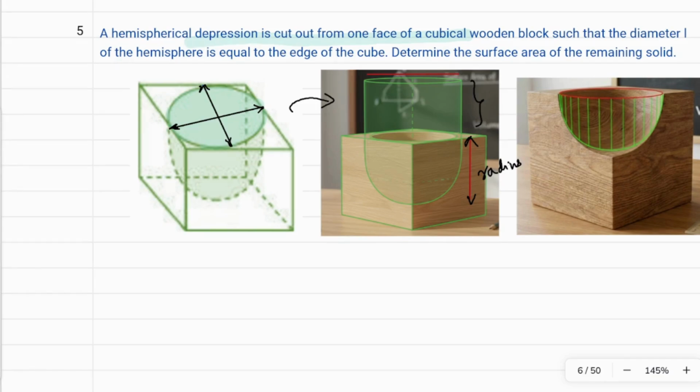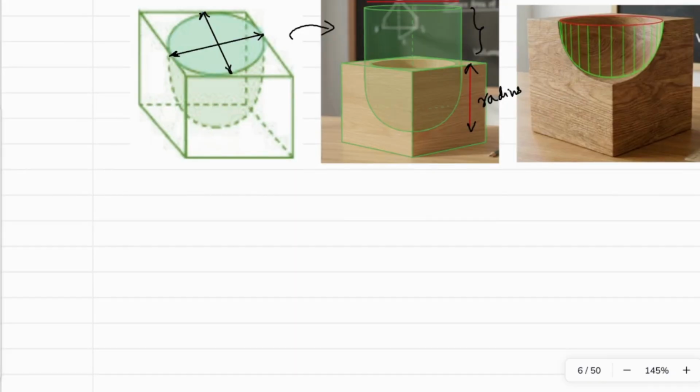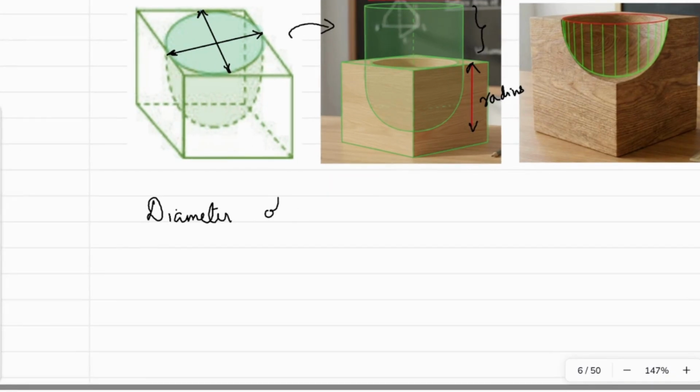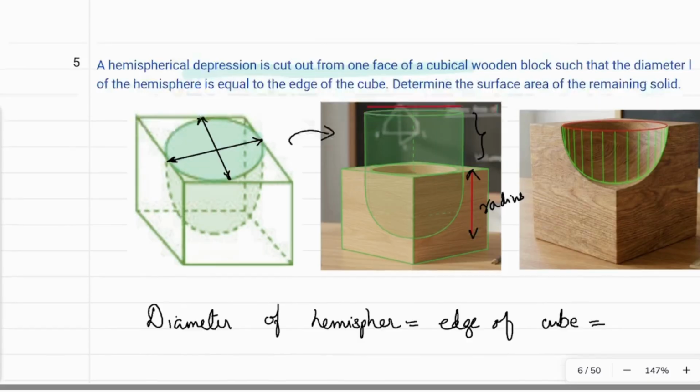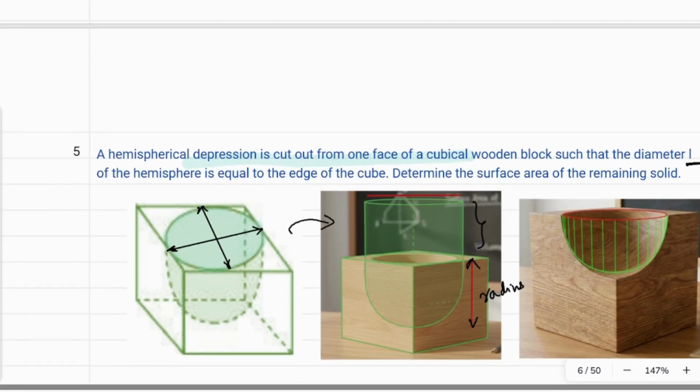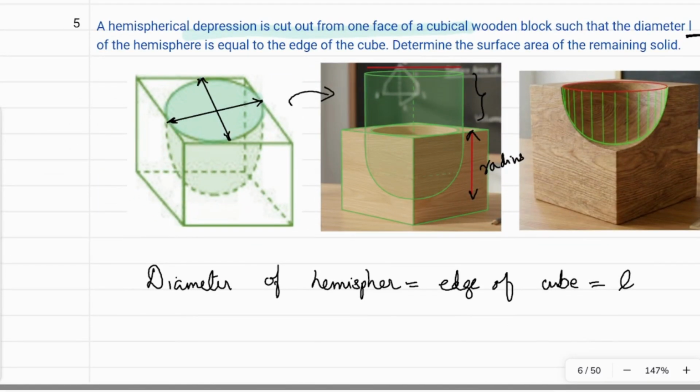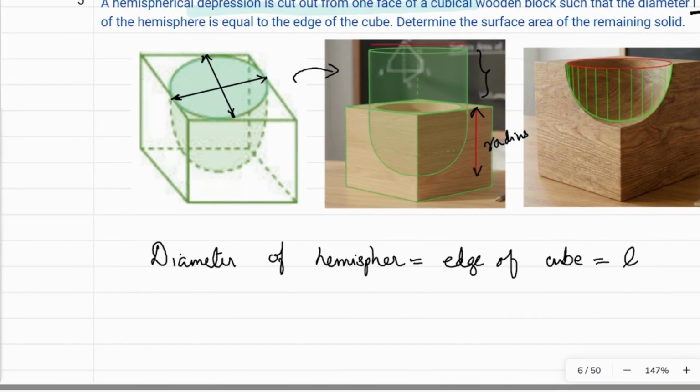So now they have given us that the diameter of the hemisphere is equal to the edge of the cube, which we have to write. Diameter of hemisphere is equal to edge of cube, which is given in the question as L. Therefore, if the diameter is equal to L, then what will be the radius from here till here?